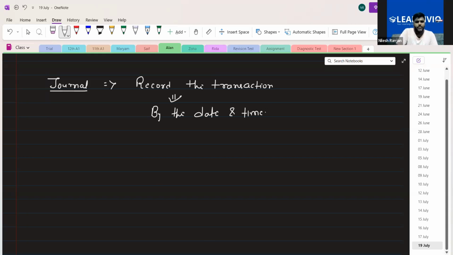So when we record the transactions by date and time, let's say after completion of any year there are a total of 500 transactions. And I'm talking about 10, 15 years before, not now, because nowadays we do everything in computer.